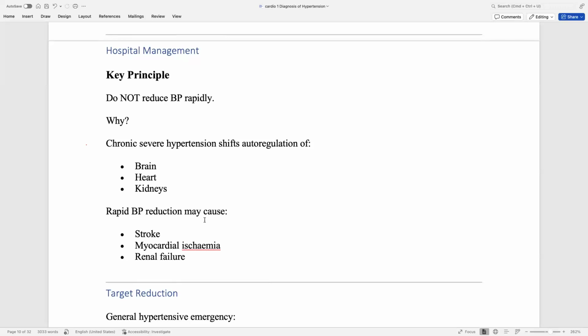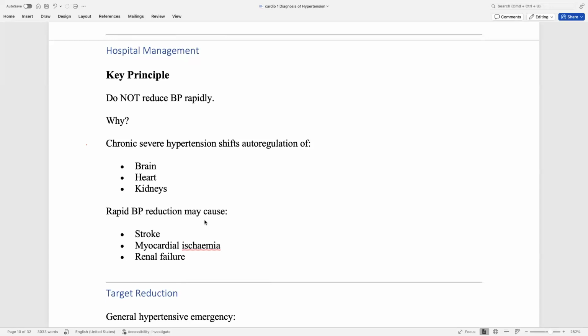Or they ask you in the AKT, a patient came to you, sent from the clinic, and you are in hospital practice. What will you do, what is your approach, with a patient with accelerated or malignant hypertension or emergency or end organ damage?